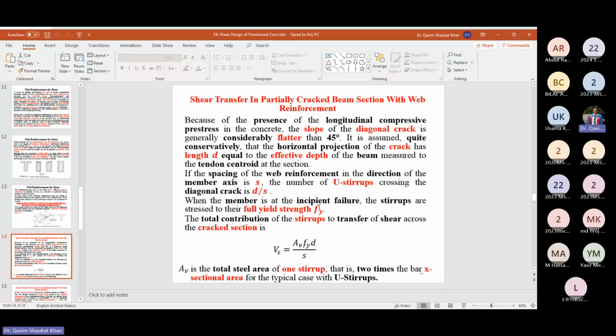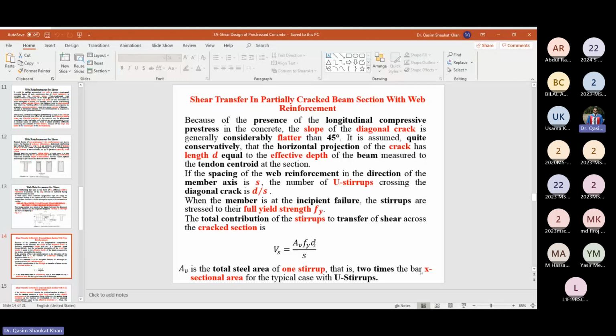Full yield strength, and the total contribution of the stirrups to transfer of shear stresses across the crack section is Av. Av is the area of one shear stirrup.